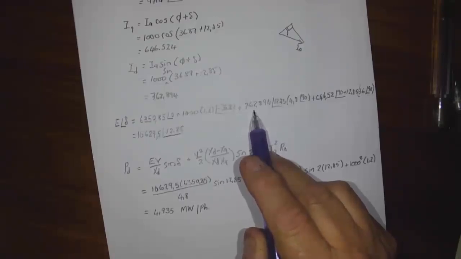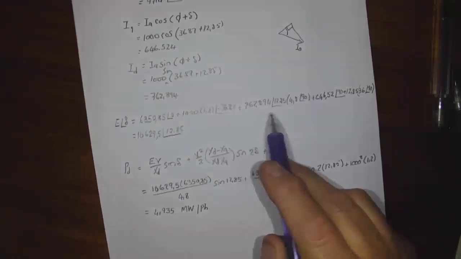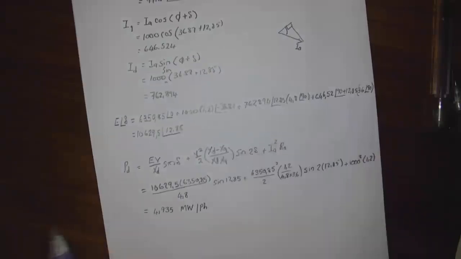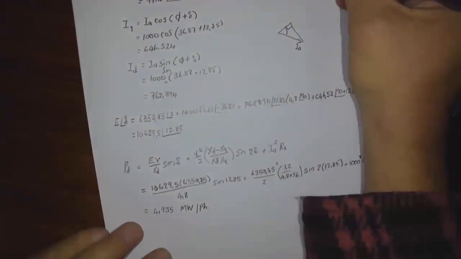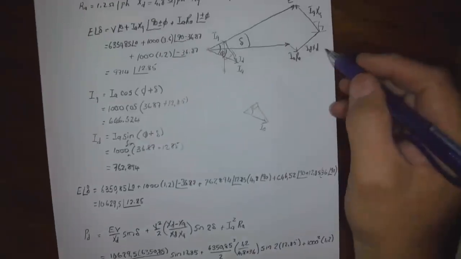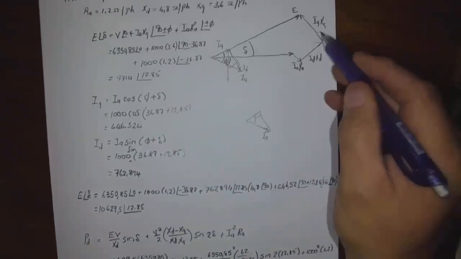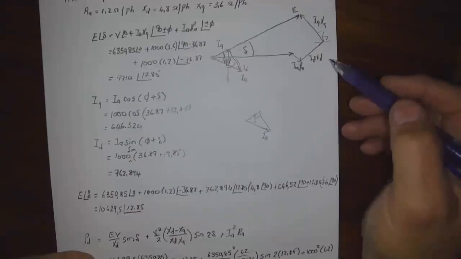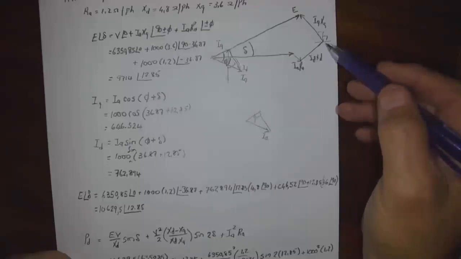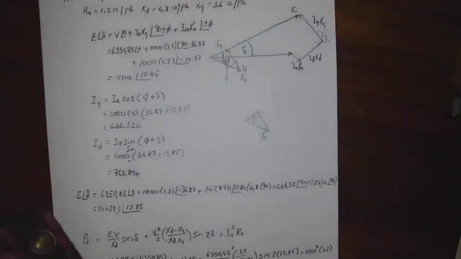What is the angle of IQXQ? From your diagram, 102.85. That is 90 plus delta. Yeah, you check there in your equation, it's 102.85.